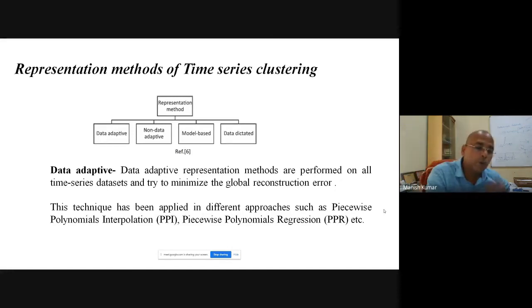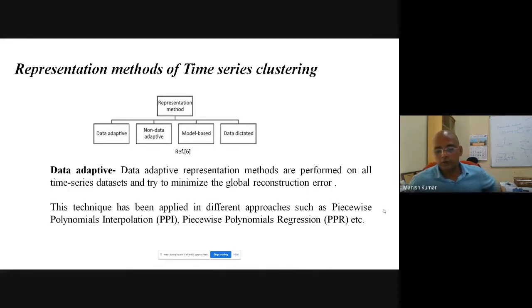Now, normally, what we do in PPI is that we try to interpolate the given function on each subinterval. Say we consider some subinterval out of the total time interval we have, and then we try to interpolate the given function within that subinterval with a polynomial of low degree.